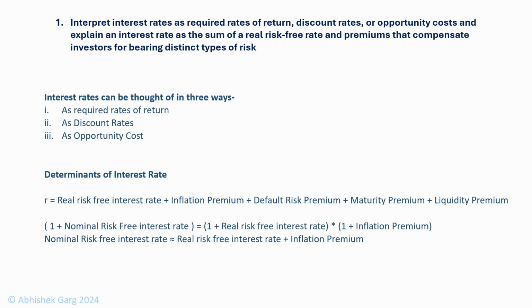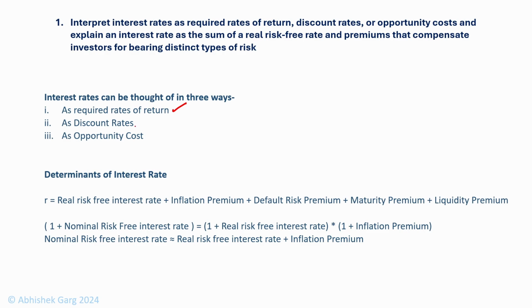First is as the required rate of return. The required rate of return means the return that the investor anticipates for bearing a particular type of risk or for investing in a risky asset. So that is your required rate of return. The second is as discount rates.